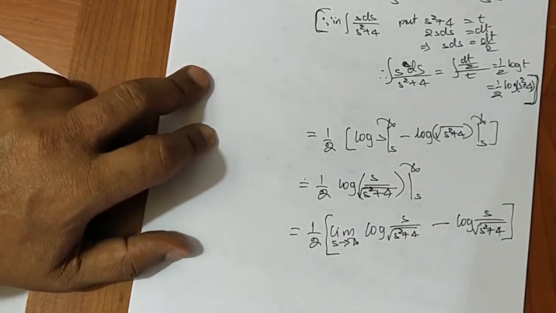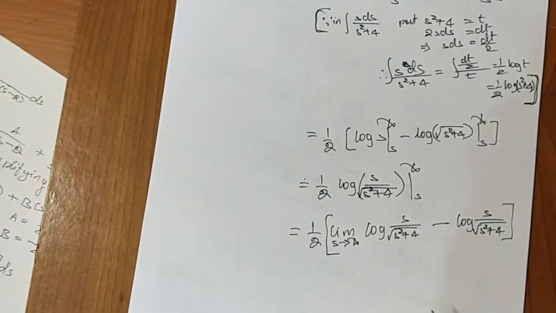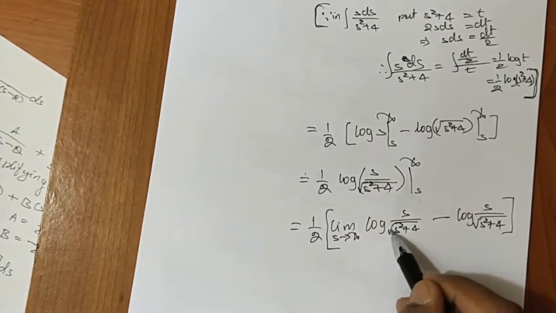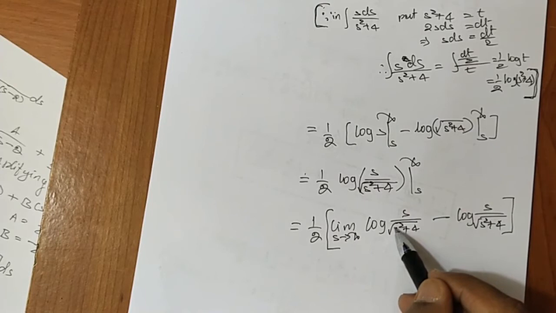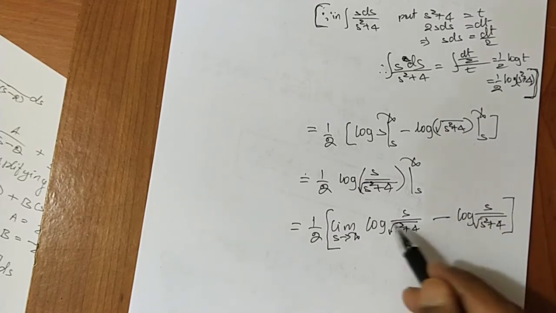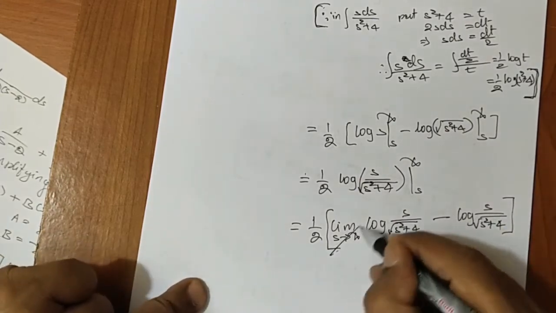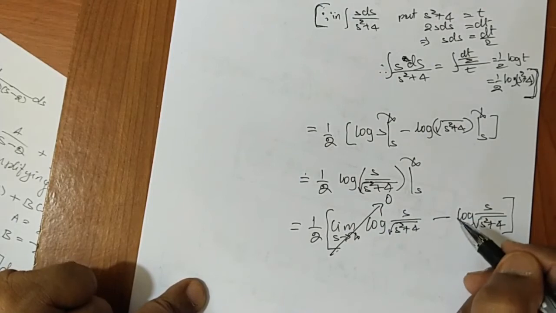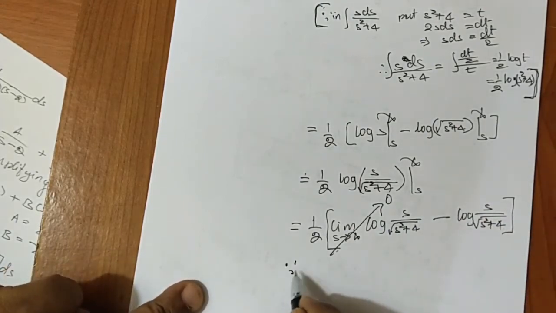Again, if you take out s squared common from these two terms, the square root of s squared becomes s. This s cancels. So 4 by s becomes 0. So this becomes 0.